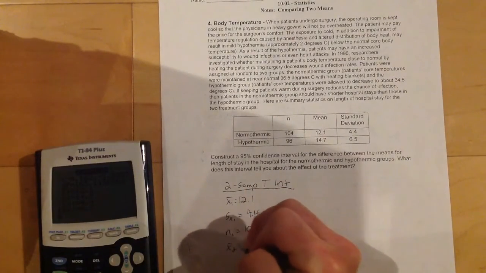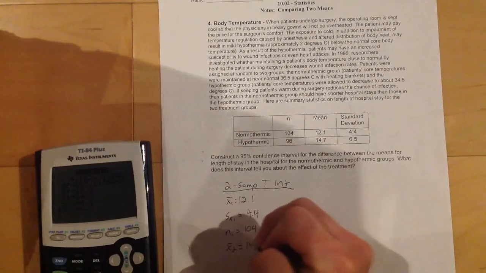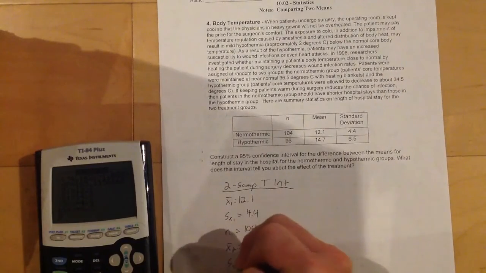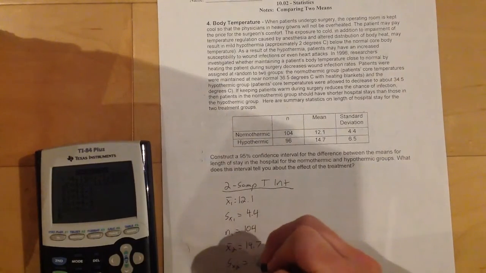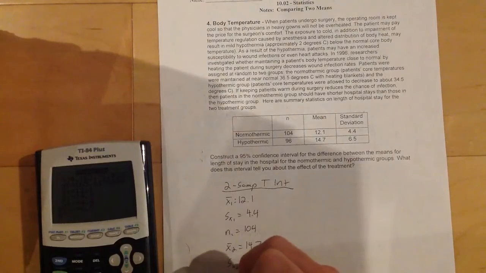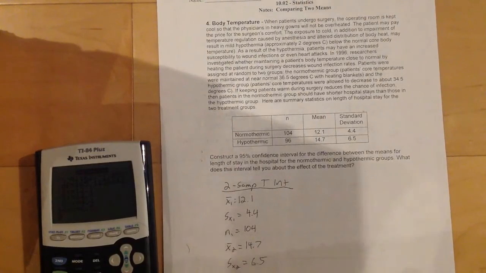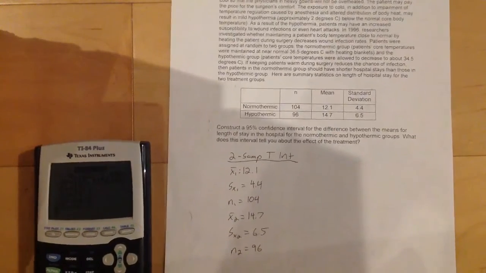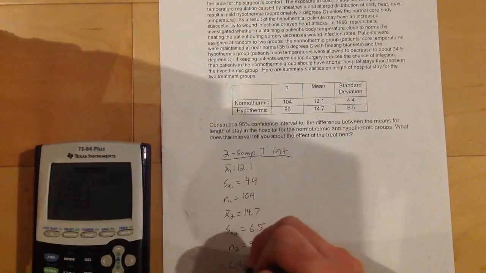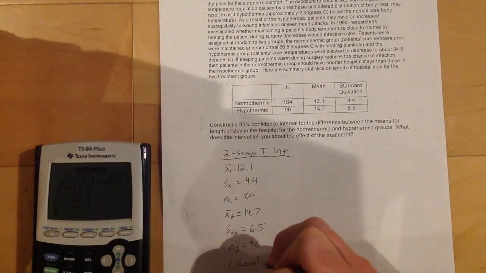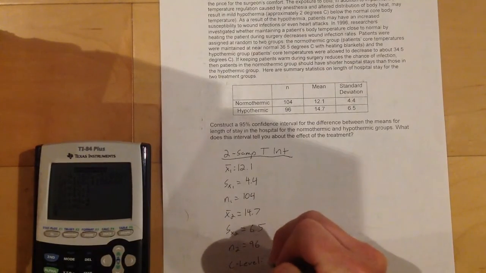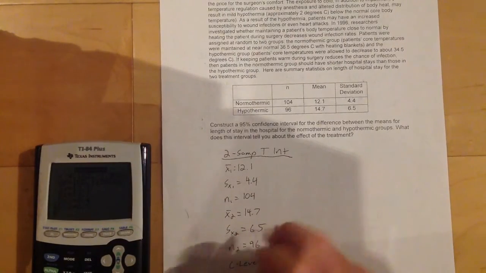X bar 2, we used 14.7. Sx2, we used 6.5. And n2, we used 96. Again, you don't have to write pooled because it's always going to be no. But you should tell me what you used as your C level, which for this one was 0.95.